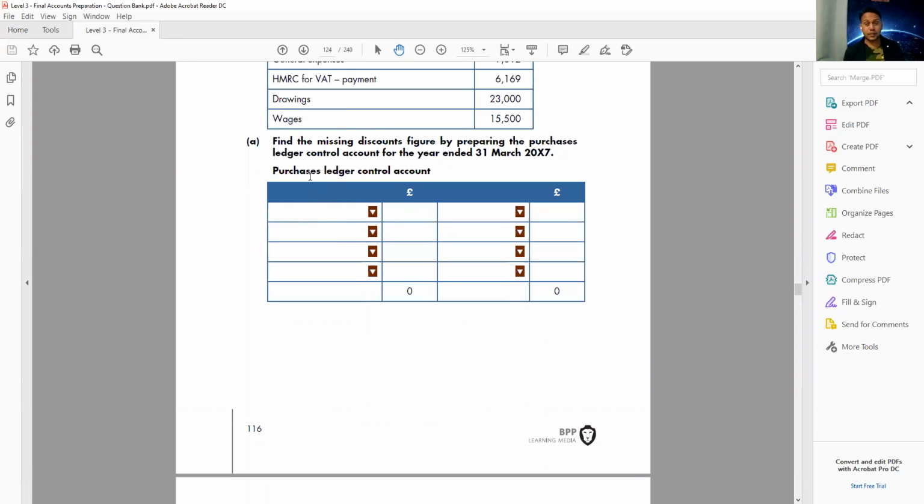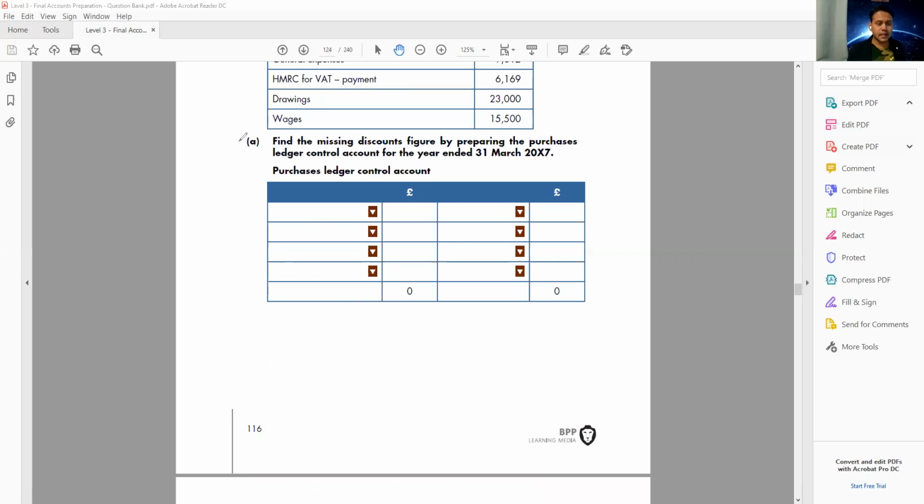The requirement here is the purchase ledger control account. Remember, this type of question is from the incomplete records, chapter number 2. In this question, you need to know what you're exactly looking for. And how do you know that? The question will tell you exactly what you're looking for.